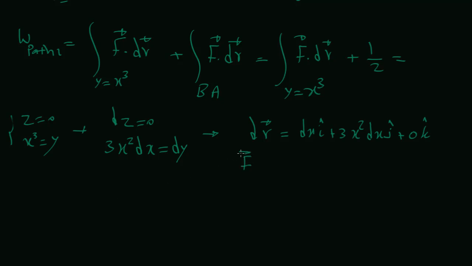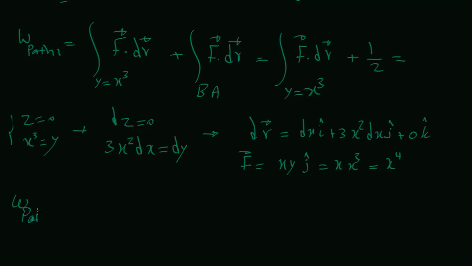For F, because z is equal to 0 on that path, we have only xy in the j direction, and since y is equal to x cubed, we can write x times x cubed, which is x to the 4. Now we have the force and dr, so we can calculate the work.